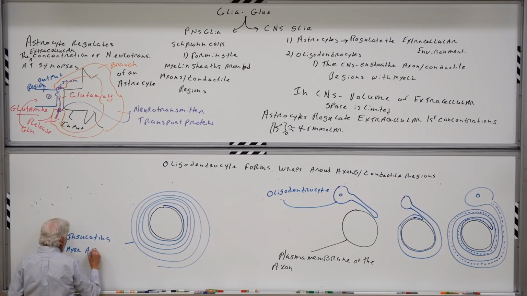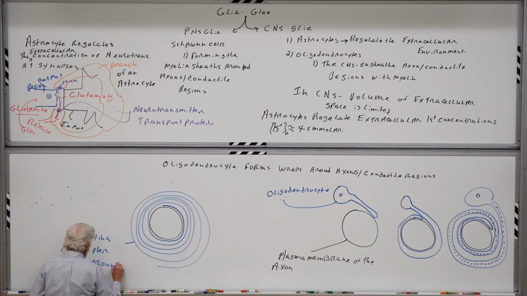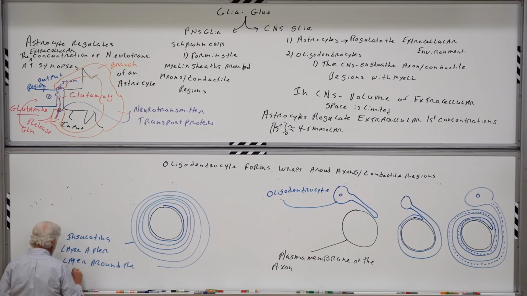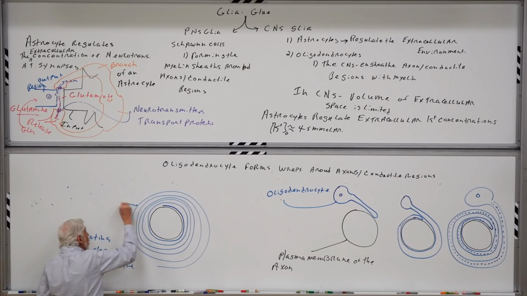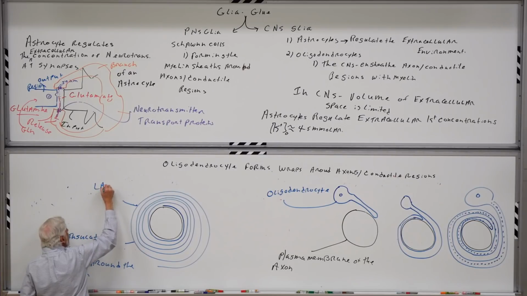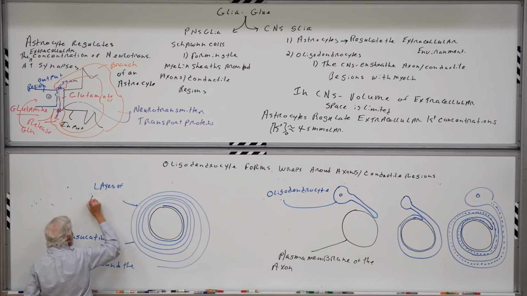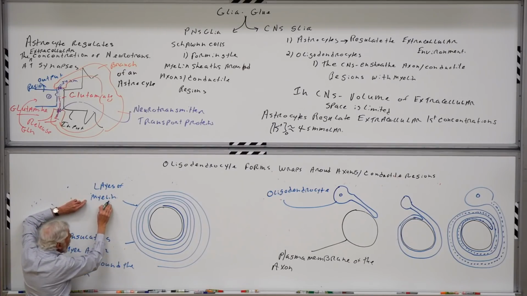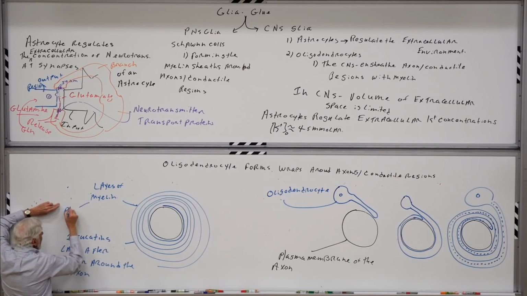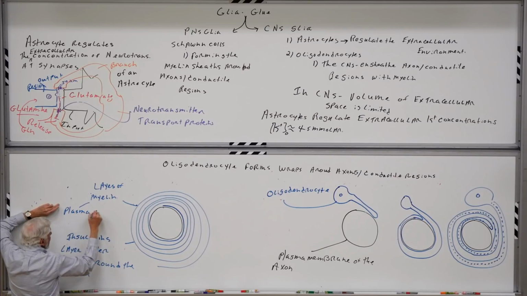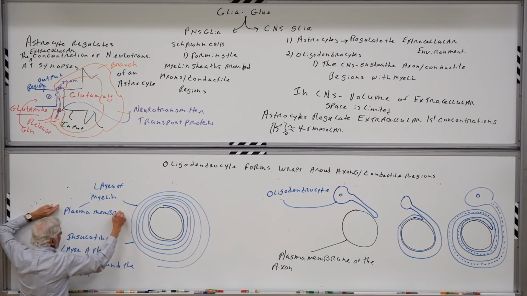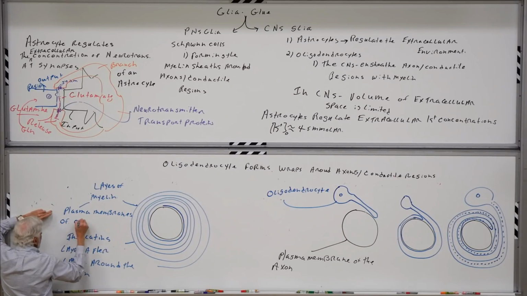Layer after layer around the axon. These layers are called layers of myelin. But in reality, what the layers of myelin are the plasma membranes of oligodendrocytes.